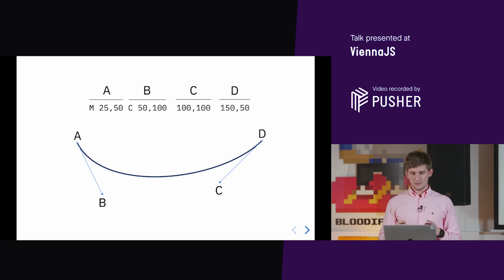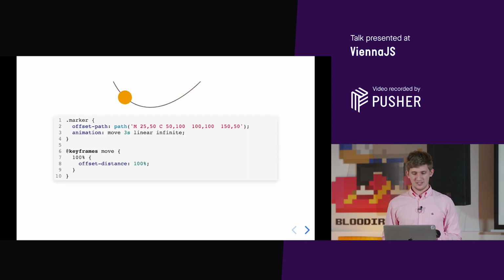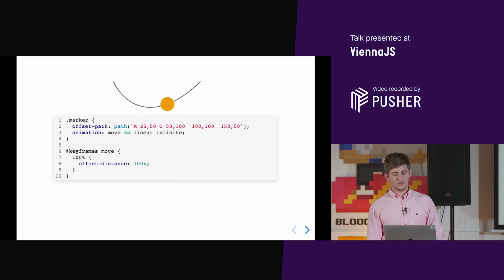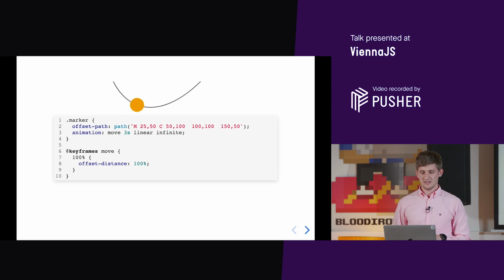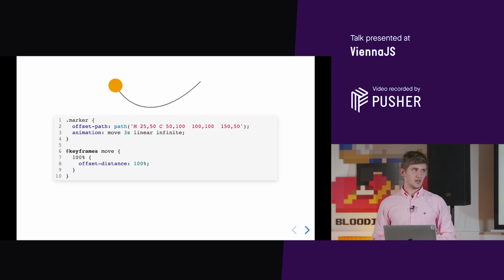Based on the calculations that I do, I build a curve like this. And why do I need this? Because there is an amazing thing in CSS called offset-path, where I can specify a path in SVG style, and then I just use keyframe animations, and my object will go along the line that I defined before. So really simple, and really easy to do.